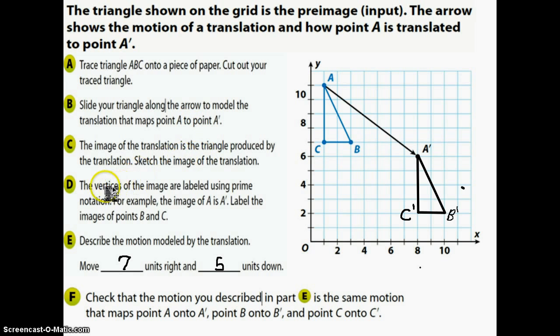So something else that you need to understand is the vertices. The vertices are where your lines intersect. Since line AB intersects here, that's a vertex. Line AC intersects here, that's a vertex, and line CB intersects here.